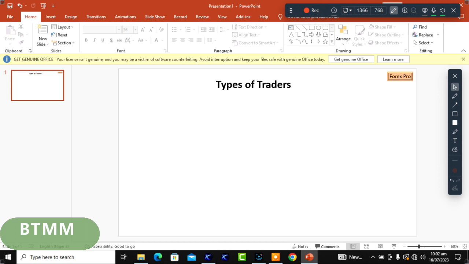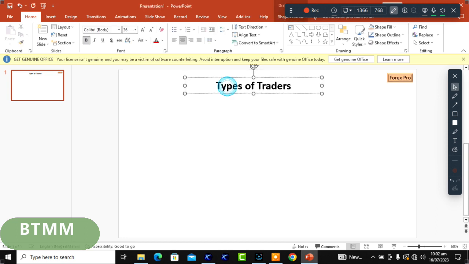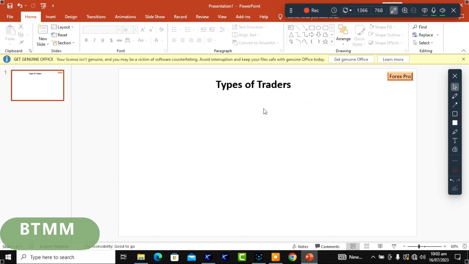It does not matter the type of trader you are. The most important thing is that you are able to trade and make profits. It is also important that you know the types of traders and then know the one that suits your type of person, and then you can go ahead and start making profits in the forex market.